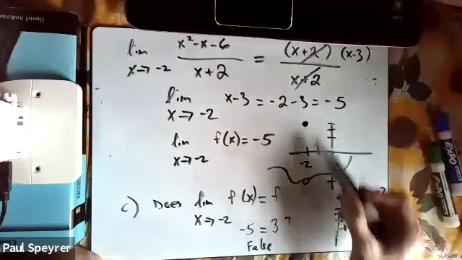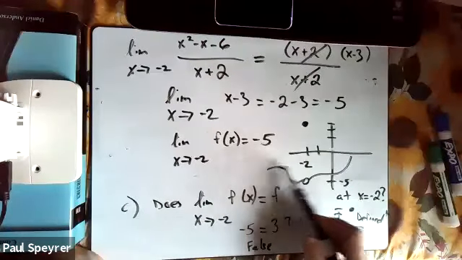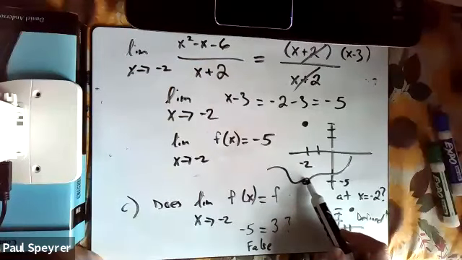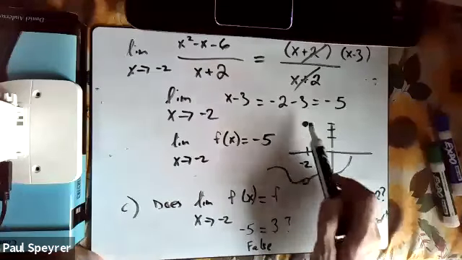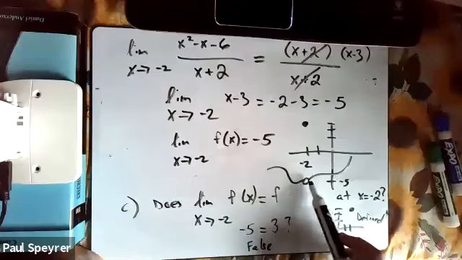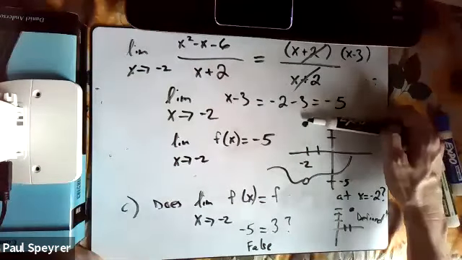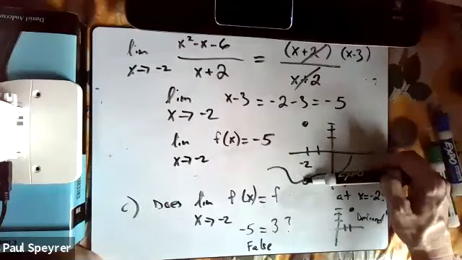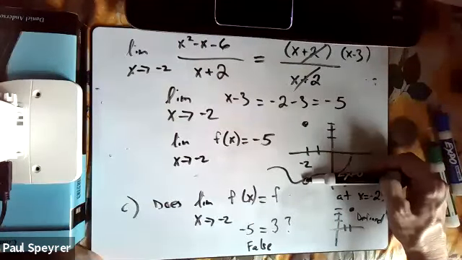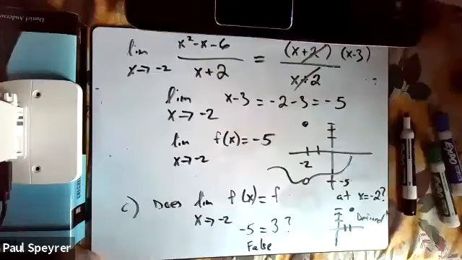As I approach -2 from both the left side and the right side, it's approaching the same y value, and the limit does exist. It's also defined at -2 because we have a solid circle. But is it continuous at -2? No, because in order for that to be true, this solid circle would have to be right on top of this open circle right here.